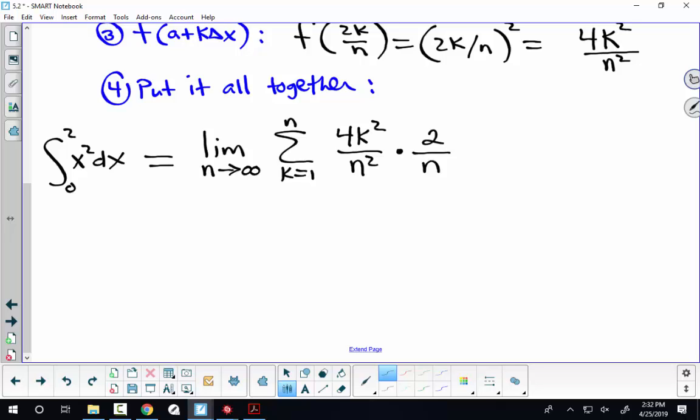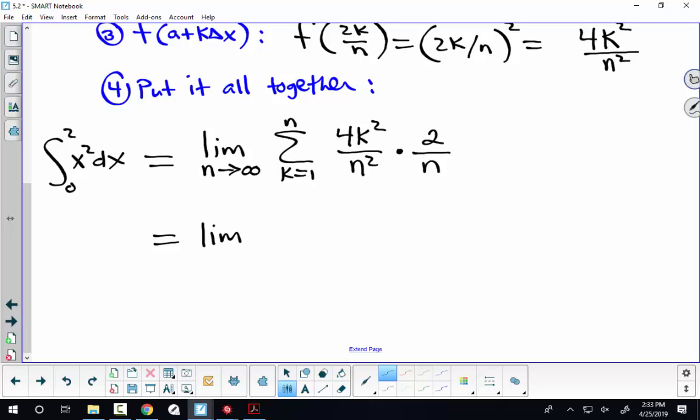Does anyone have any questions at this point? As a reminder here, the limit operates on things that involve n. The sum operates on things that involve k. So let's reconfigure this so that it's a little bit more in line with the operations that we actually need to perform.